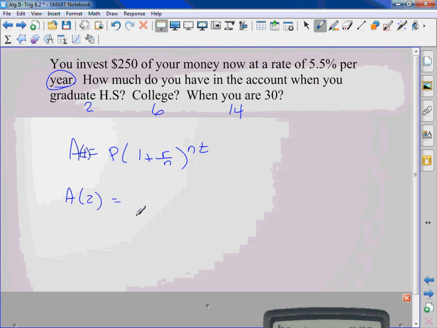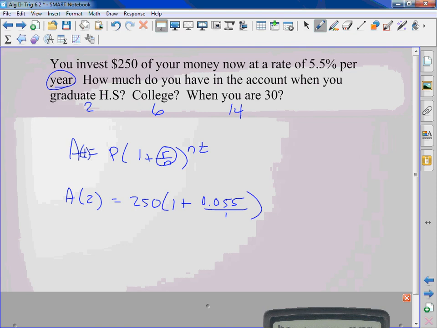How much do I start off with? 250. Then 1 plus, what's my rate? 5.5%, so how do I write it? 0.055. Now it's actually divided by 1.